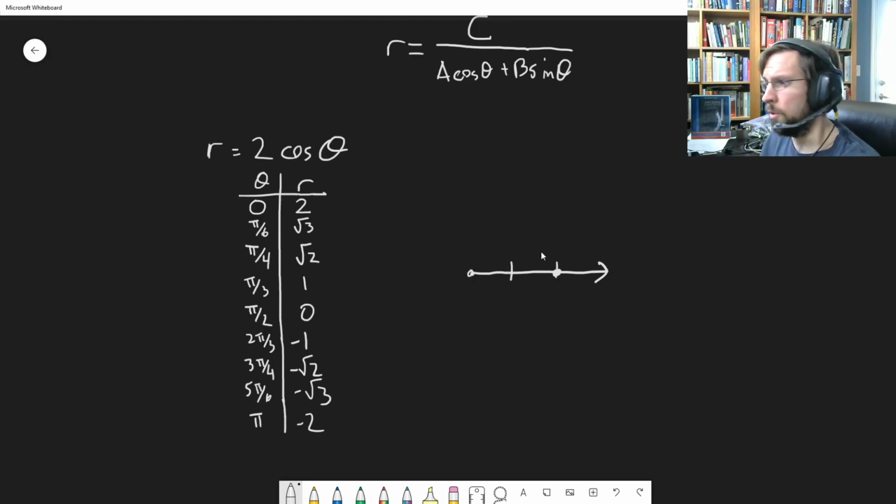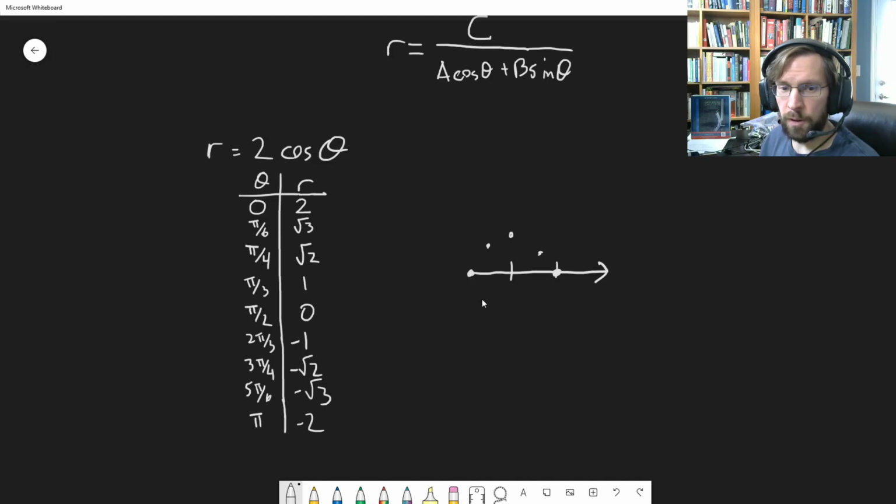So root 3 should be a little bit smaller than 2. Theta equals pi over 4, r equals root 2. Theta equals pi over 3, r equals 1. Should be about there. And theta equals pi over 2, r equals 0 is the pole.